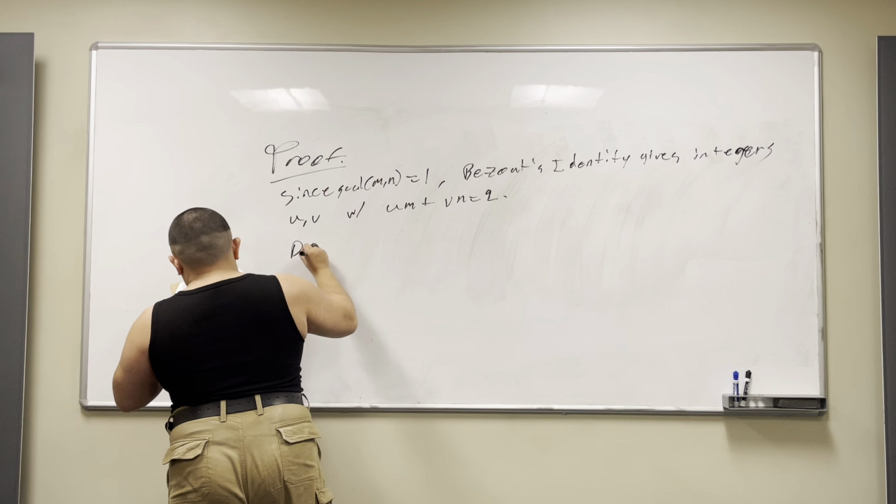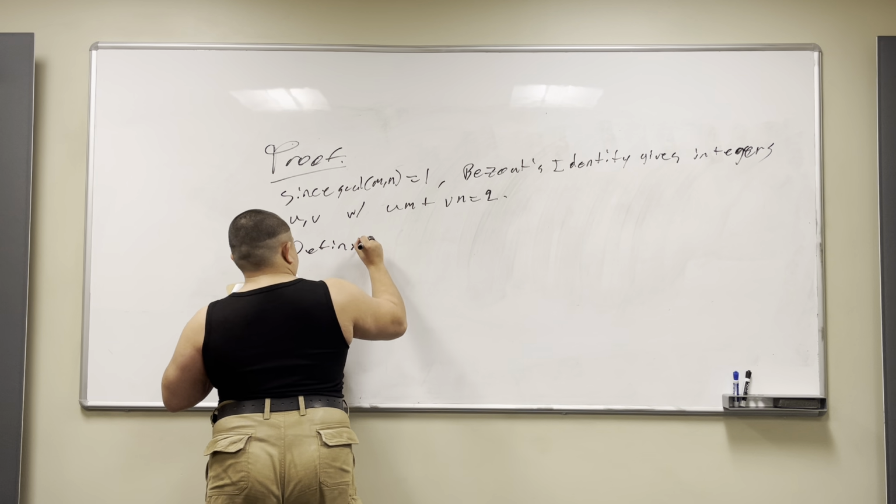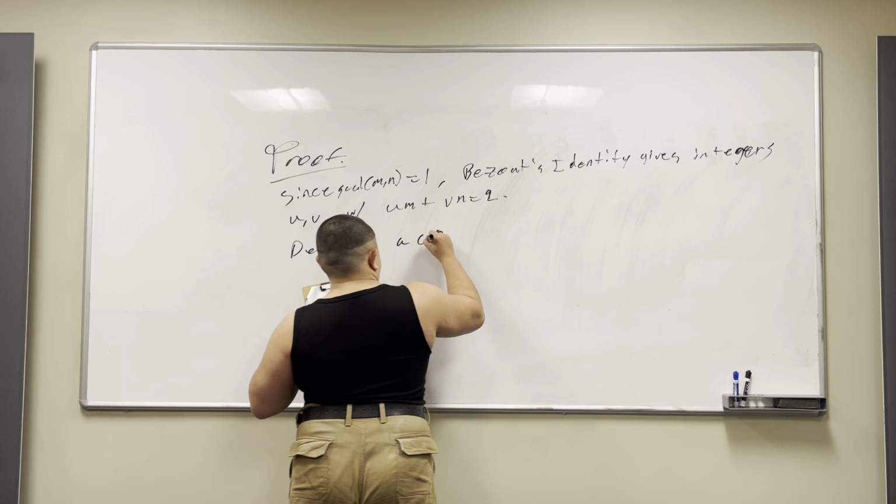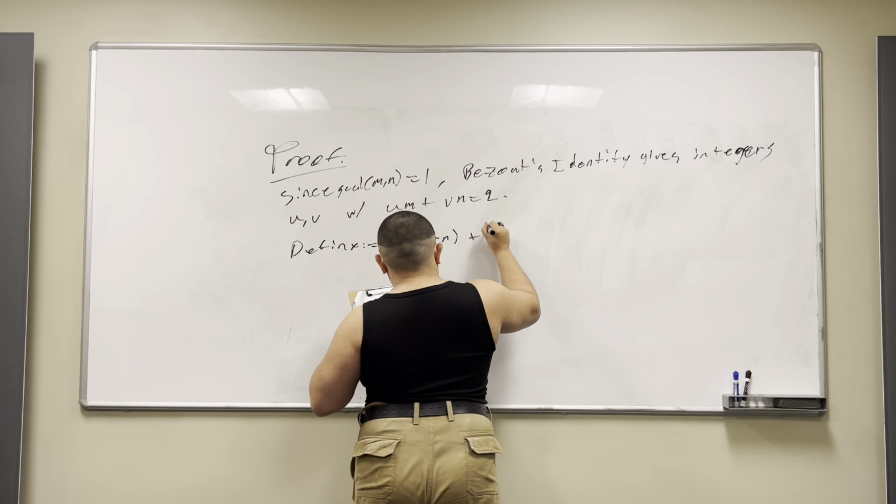Now, define x equal to a times vn plus b times um.